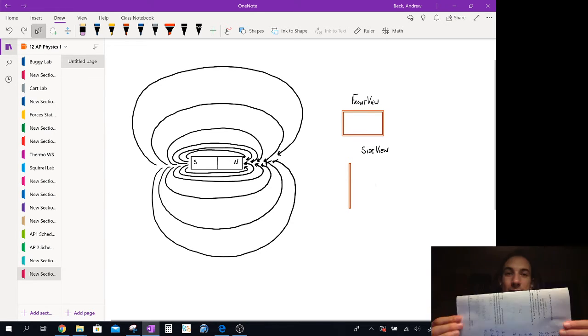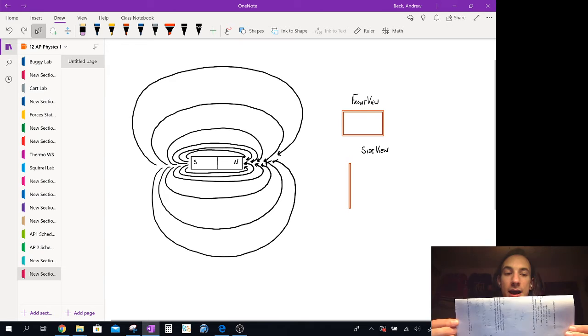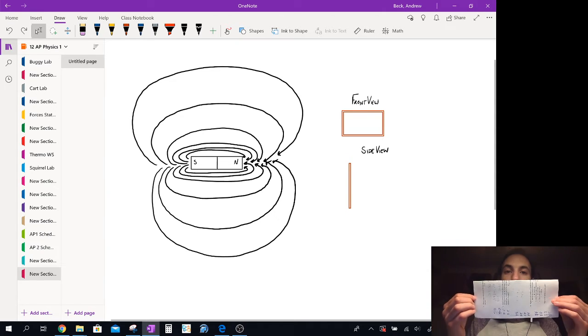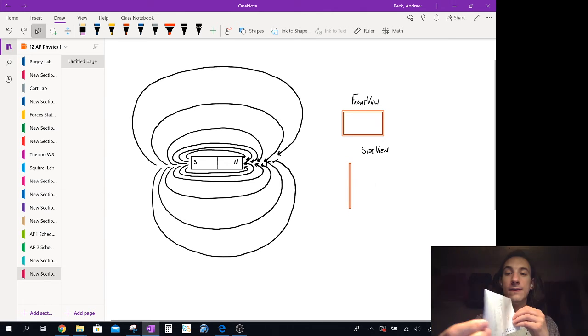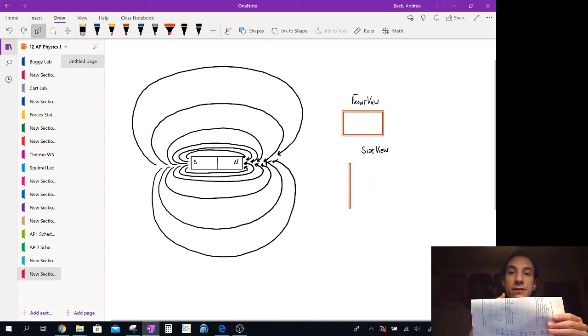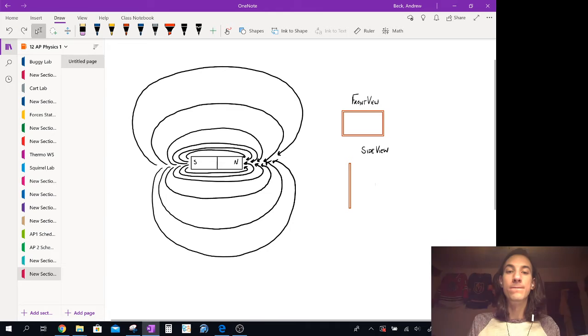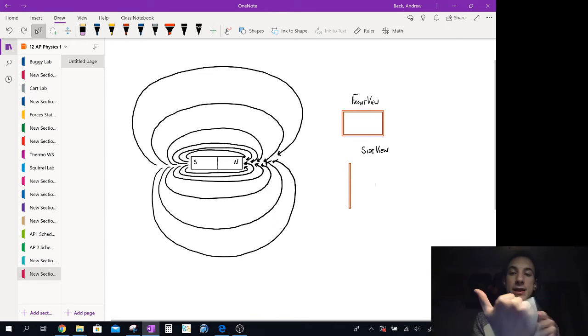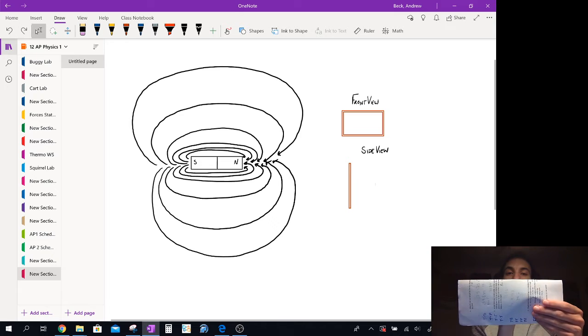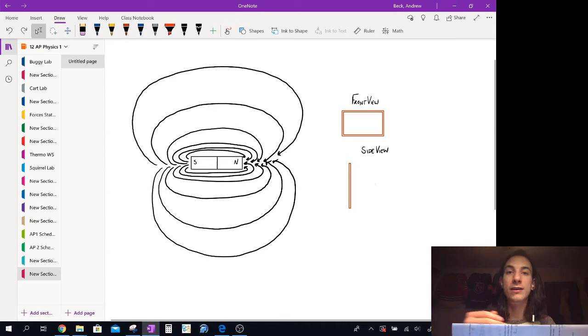So what you can think about is, take your paper and then blow. If we orient it so that our paper is perpendicular to the way that our breath is moving, or if we think about the area pointing straight up, the area is pointing directly in the direction of my breath, I'm getting a lot of breath hitting this paper.